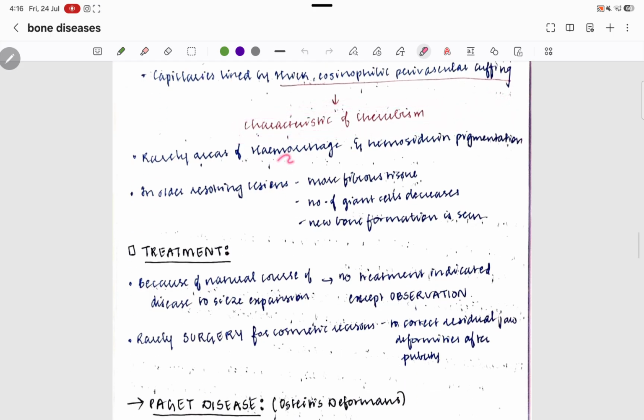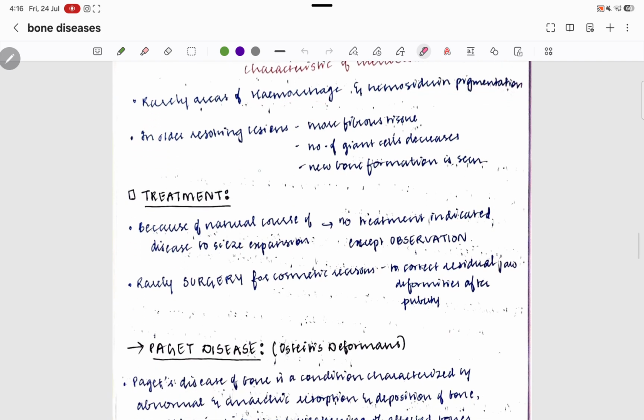Then rarely, areas of hemorrhage and hemosiderin pigmentation are seen. In older resolving lesions, it is more fibrous, the number of giant cells decreases, and new bone formation is seen.